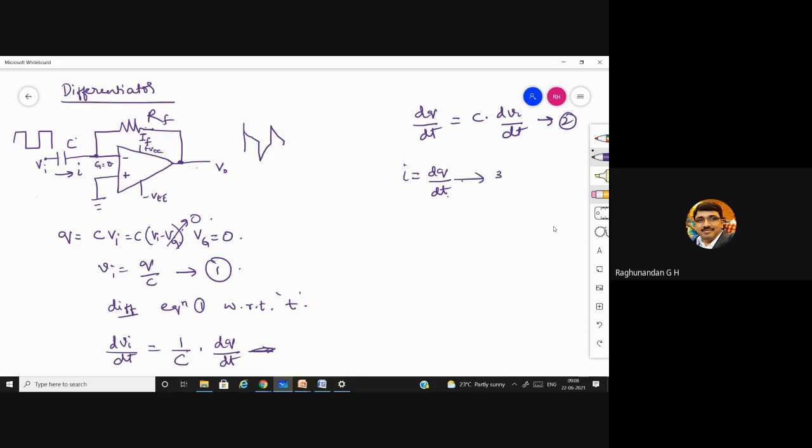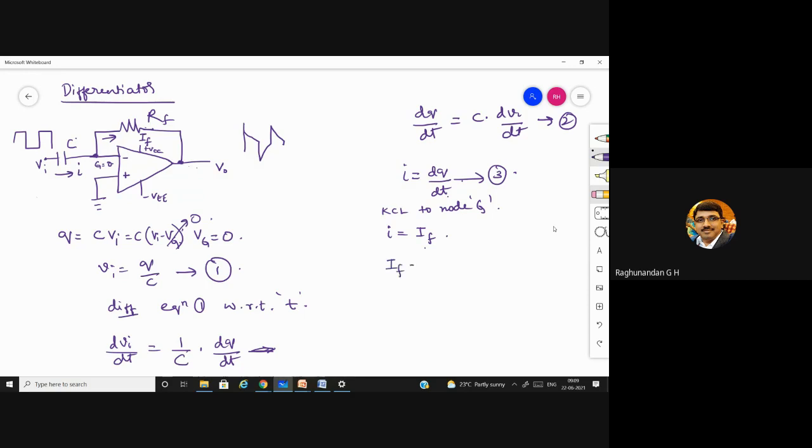Take this as equation number 3. Again, we are going to follow our original method: apply KCL to node G. When you apply KCL to node G, current entering is equal to current leaving. Before that, we will first find IF.